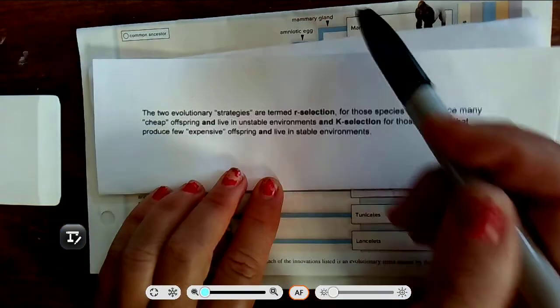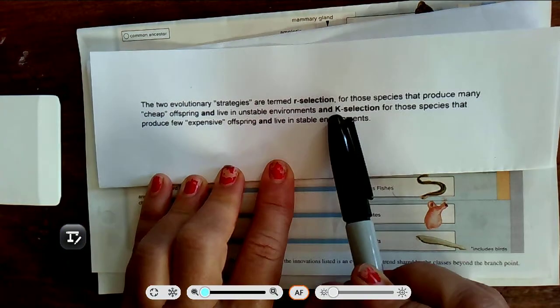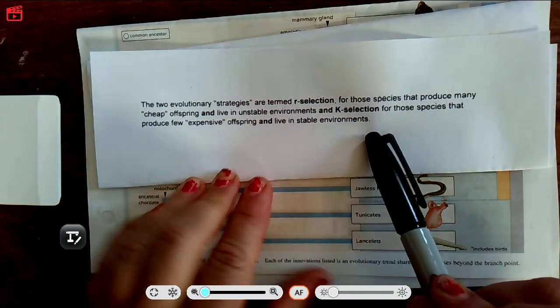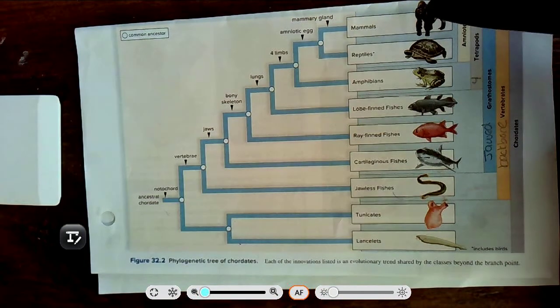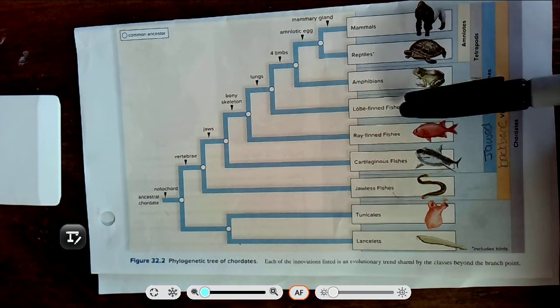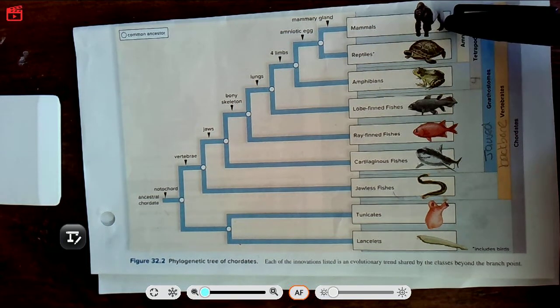But with the mammals and the mammary gland, we see K selection, for those species that produce a few expensive offspring and live in stable environments. With the mammary gland nursing the young, mammals have fewer offspring than do reptiles, amphibians, and fish. But those few offspring have a higher percentage chance of survival.